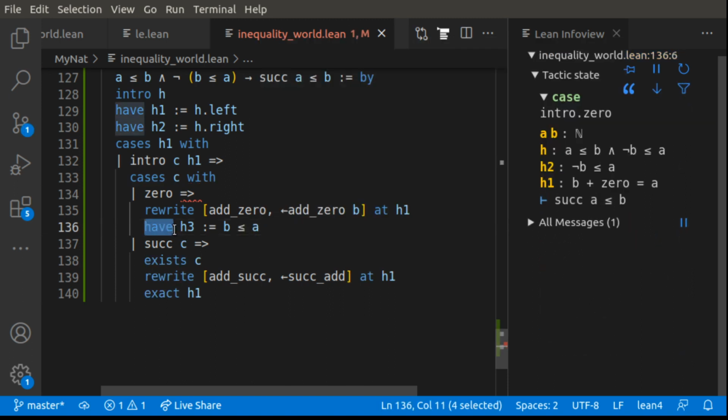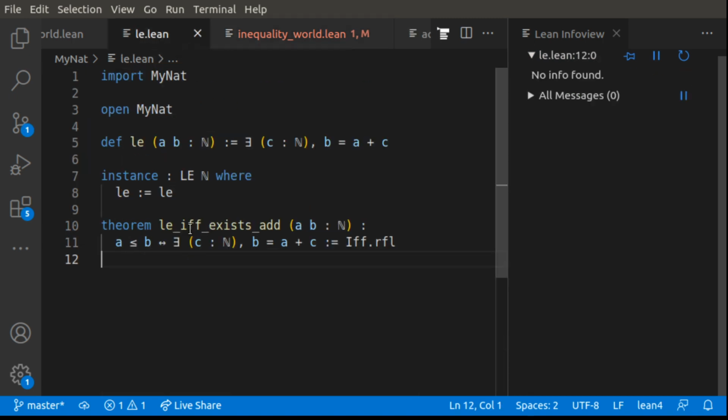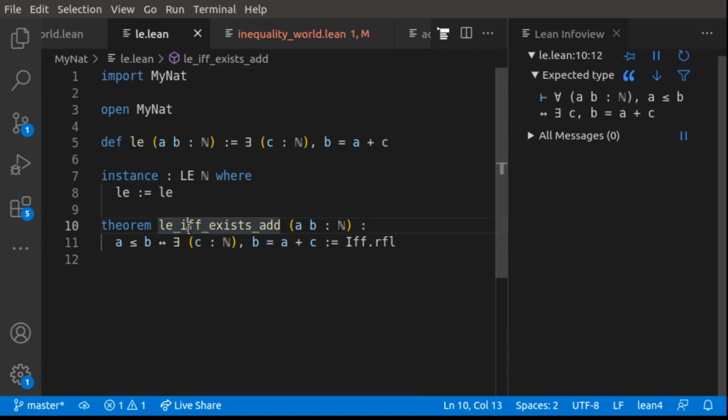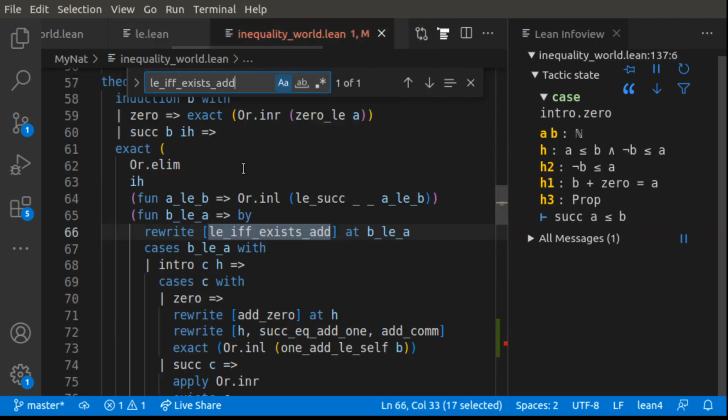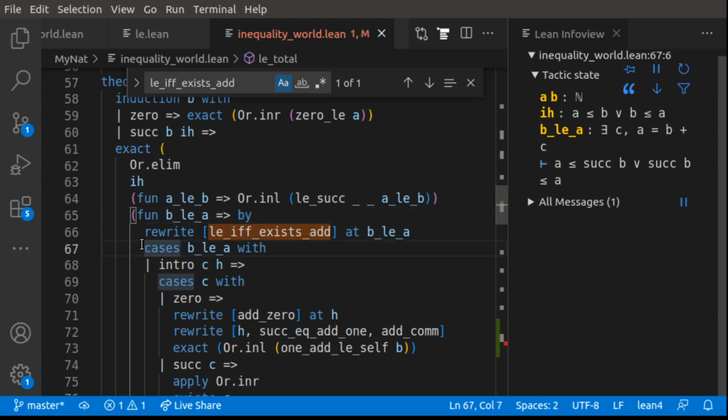No. That's not quite right. We need to apply our definition using this. There is the C. Did I use this in here? Okay, so we have this. We go with this.